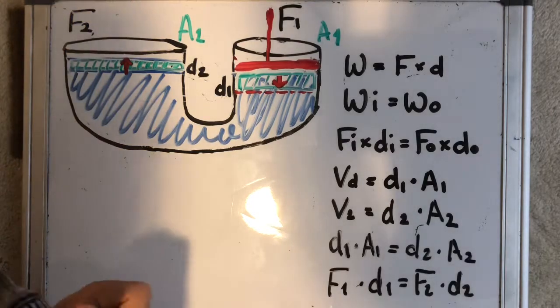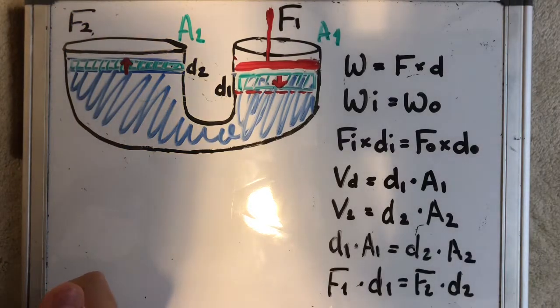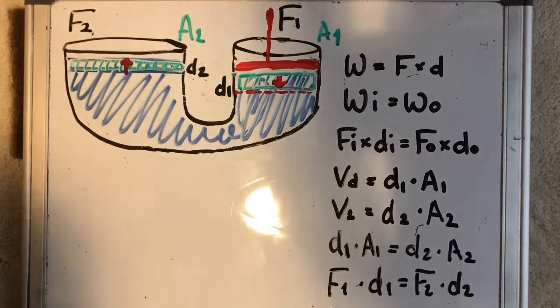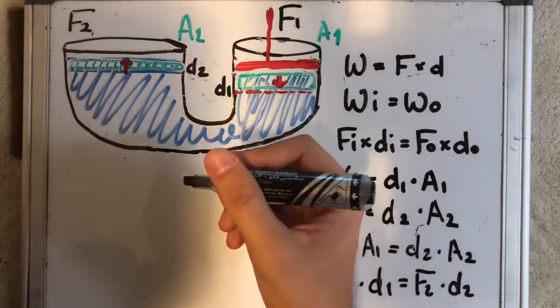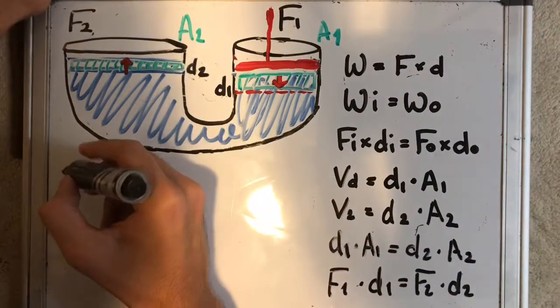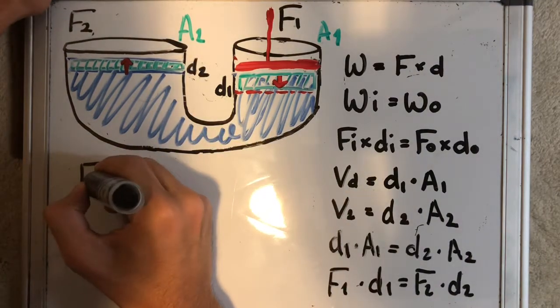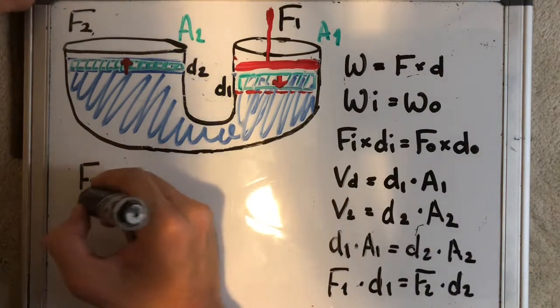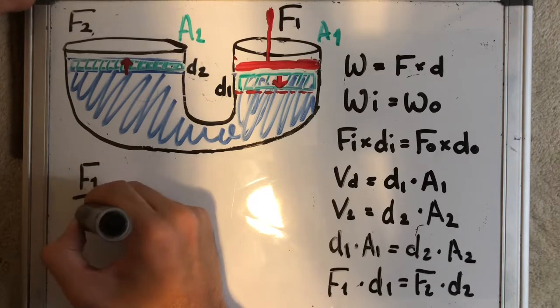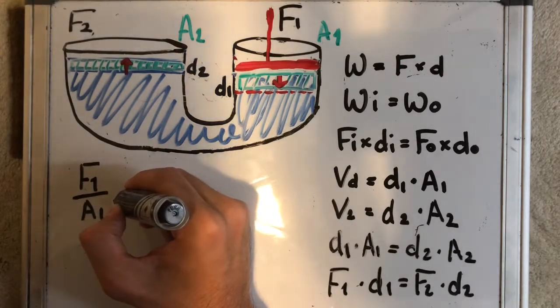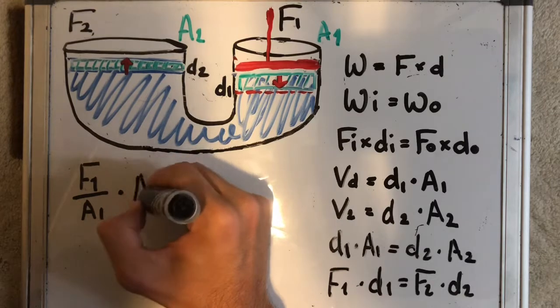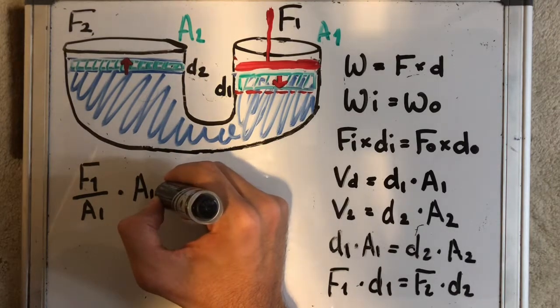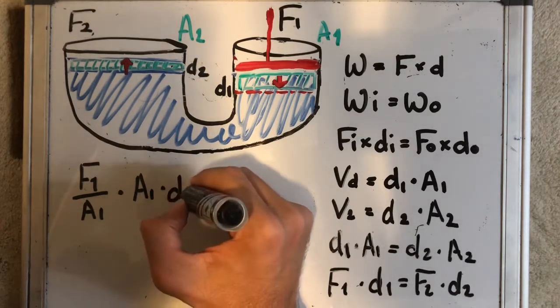Okay, since the area plays a crucial role while pressing the piston in the container, let's rewrite the initial equation and add area to it. We can say that the force input, or F1, divided by A1, and we can multiply this by area 1 times distance 1.